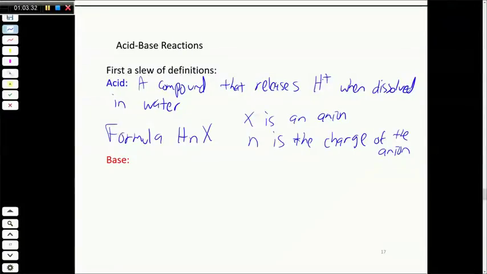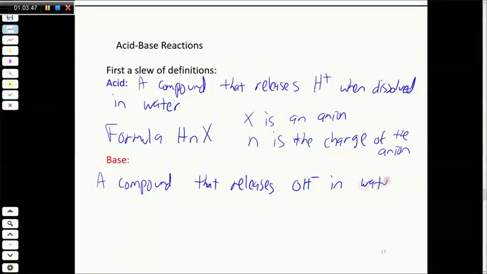Now, a base we haven't seen yet, and a base is a compound that releases OH minus, hydroxide, in water. So most bases have the formula of a salt of a hydroxide.